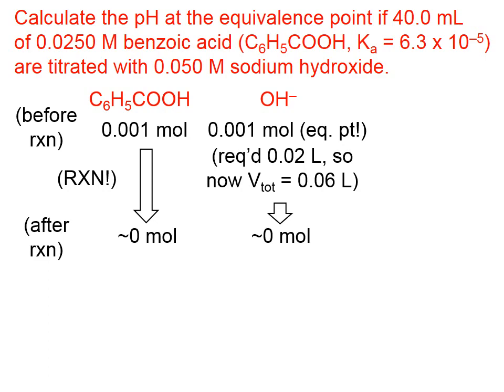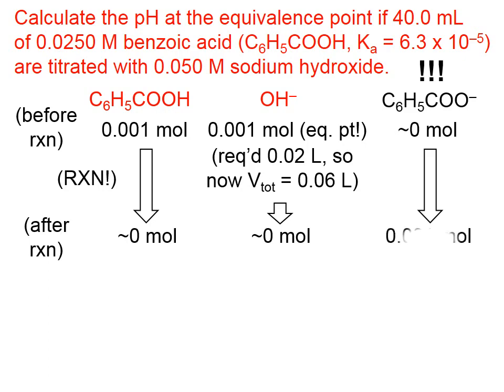We'll have water as one product, and isn't the other product going to be the benzoate ion, which is what is produced when the H has been ripped off? Initially we had none of that. Afterwards, don't we have 0.001 moles of it? That's the end of the reaction. Now we need to do an equilibrium calculation.